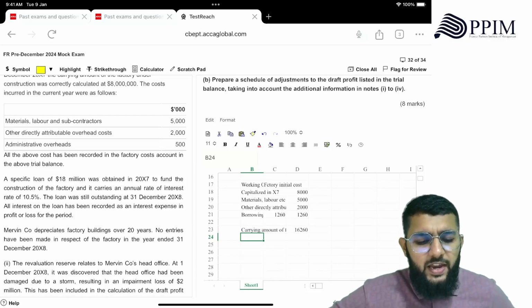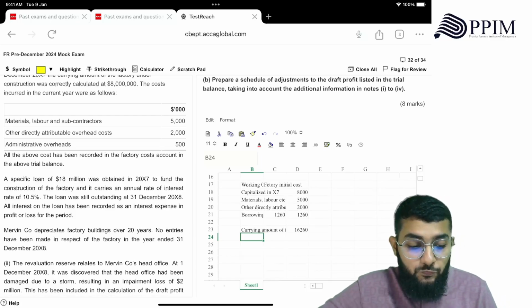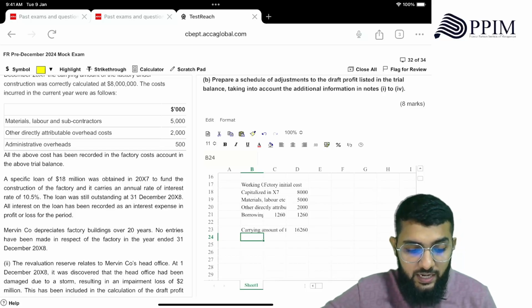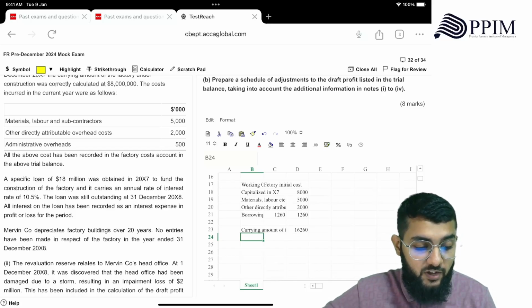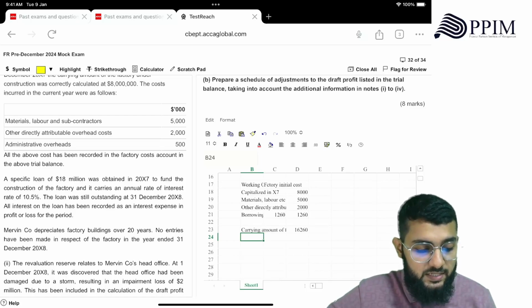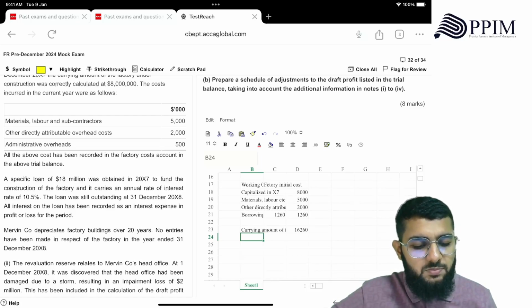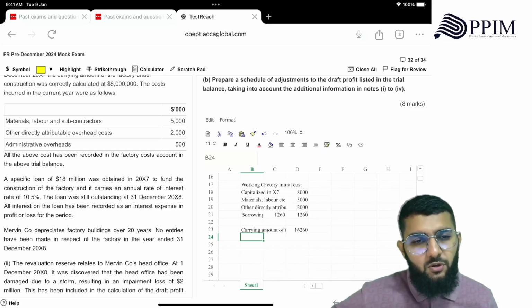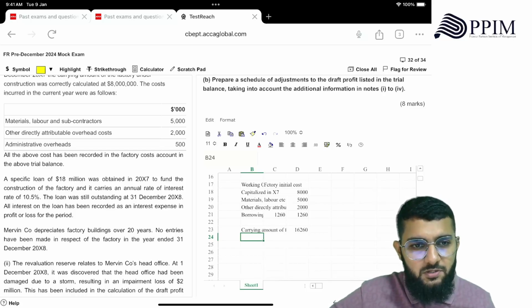A specific loan of 18 million was obtained in 20x7 to fund the construction of the factory, and it carries an annual interest rate of 10.5%. The loan was still outstanding at 31st of December 20x8. All interest on the loan has been recorded as an interest expense in profit or loss for the period. Are they talking about the statement of financial position, whether it was capitalized or not? They're not.